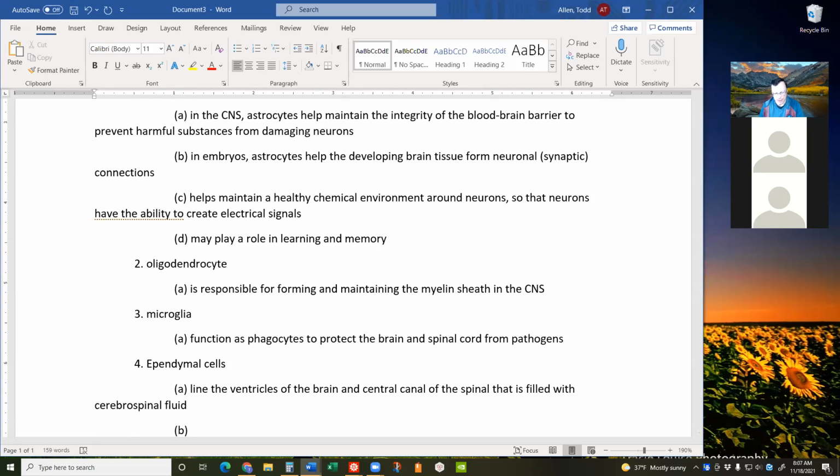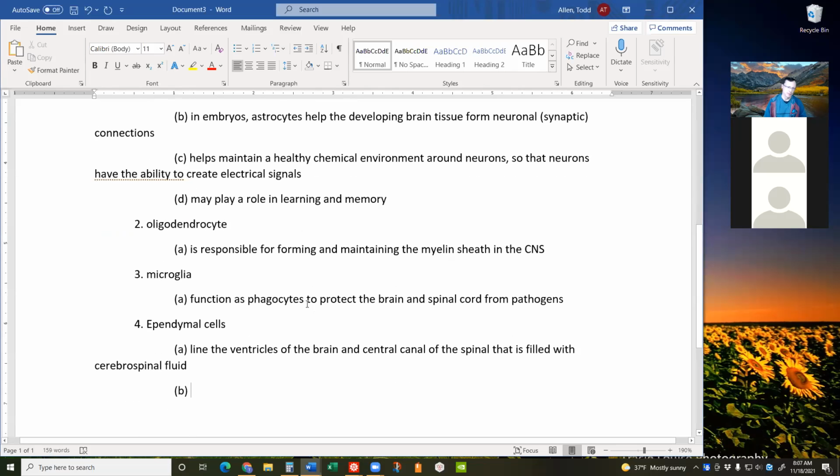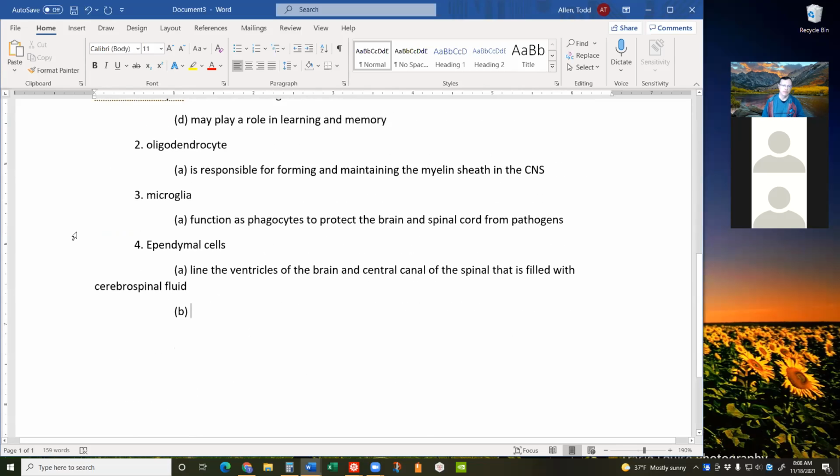The purpose of the ependymal cells, as best as we can tell from a scientific perspective, is to produce and circulate the cerebrospinal fluid. This lining of cells in the ventricle and in the central canal of the spinal cord actually helps filter blood plasma to create the cerebrospinal fluid.